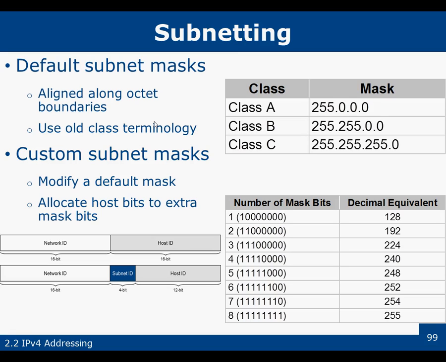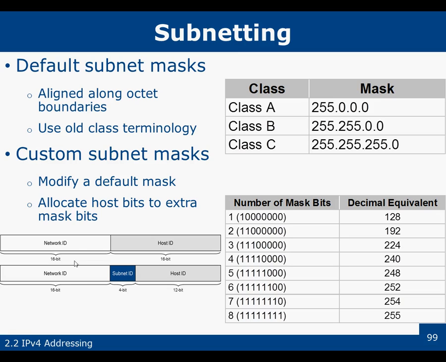And for custom subnet masks, we might modify the default mask. When we write an address, if we wrote a 10 address, anything from 1 to 126, we would use a starting mask of 255.0.0.0, and then we would extend it in order to make it have more network addresses, subnet IDs, and fewer hosts per subnet.